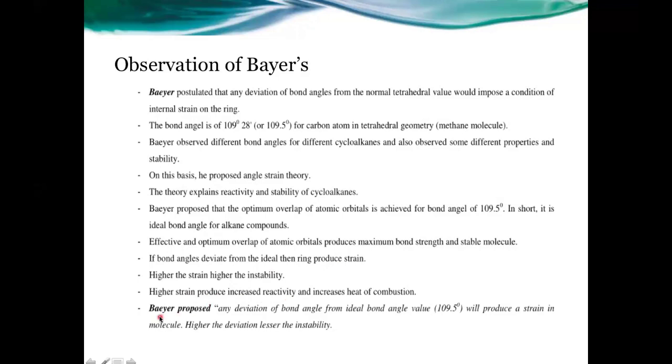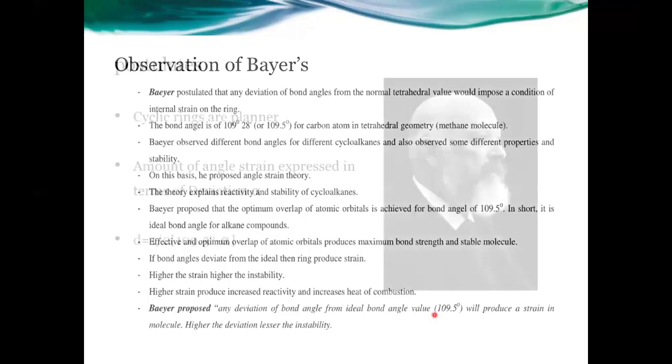From all the observations he carried out, Baeyer observed that many cyclic compounds are not stable due to the inability to reach a bond angle near 109.5, and hence he proposed a theory that any deviation of the bond angle from the ideal value 109.5 will lead to a strain in the molecule, and higher the deviation, greater the instability.